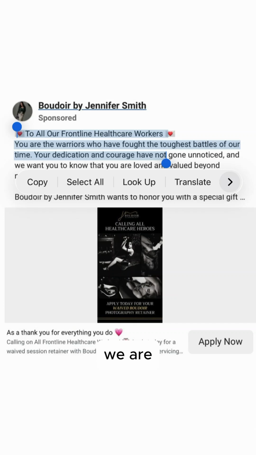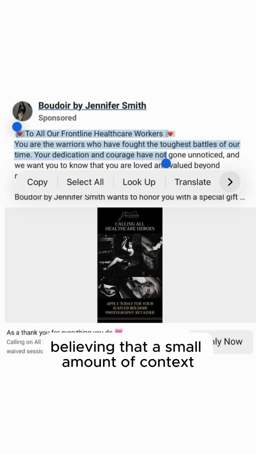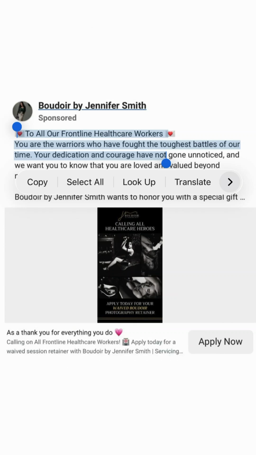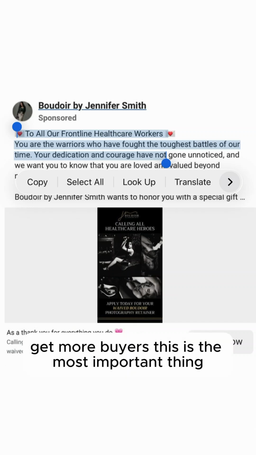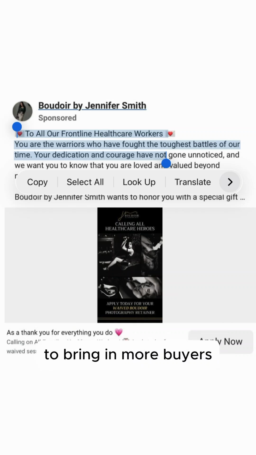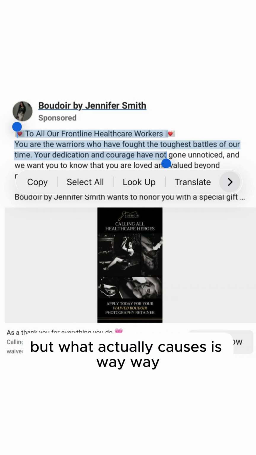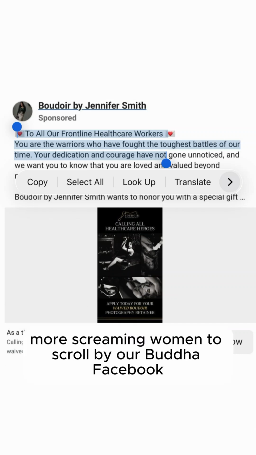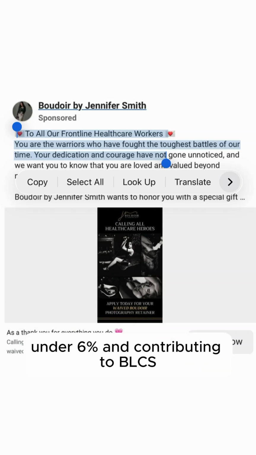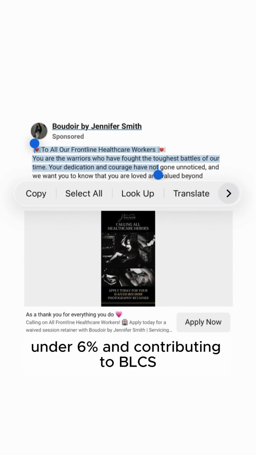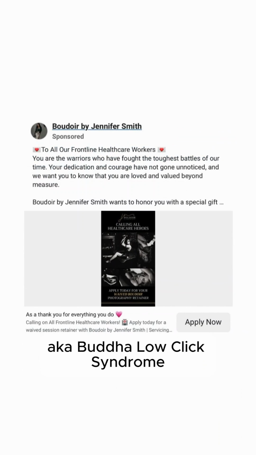where we are believing that a small amount of context in our headline is the right way to bring more women in, get more buyers. This is the number one most important thing, to bring in more buyers. But what it actually causes is way more women to scroll by our Boudoir Facebook ad than necessary, lowering our unique CTRL, bringing us under 6% and contributing to BLCS, aka Boudoir low click syndrome.